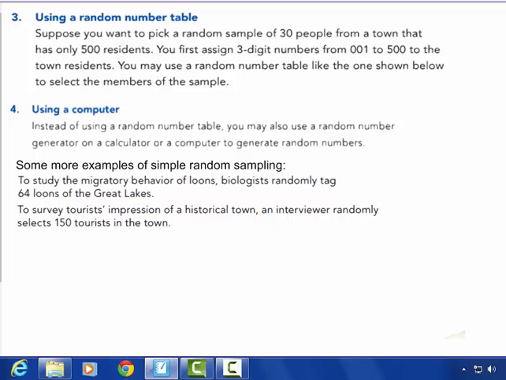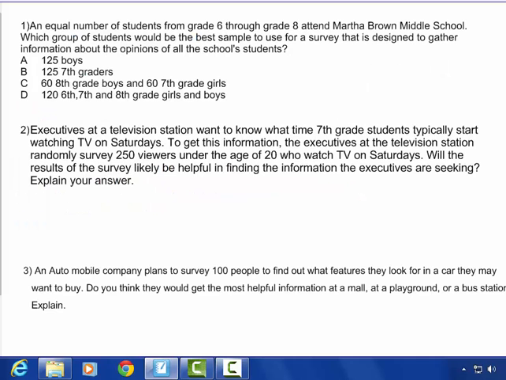They're using all of the Great Lakes and they're randomly choosing loons. Or to survey some tourists about this historical town, the interviewer could randomly select 150 of the tourists in the town, not just people that have a blue shirt on or something.